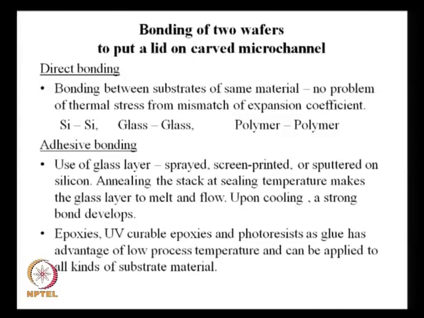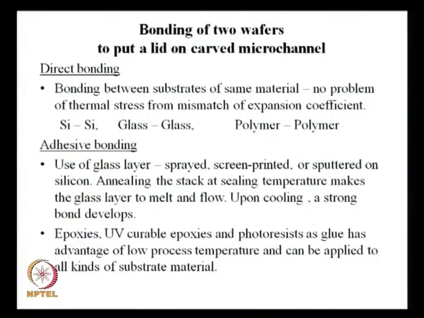Now, direct bonding refers to bonding between substrates of the same material, so that no problem of thermal stress from mismatch of expansion coefficient happens. Here the bonding is done between silicon and silicon, or glass to glass, or polymer to polymer, right. Earlier we talked about silicon to glass.